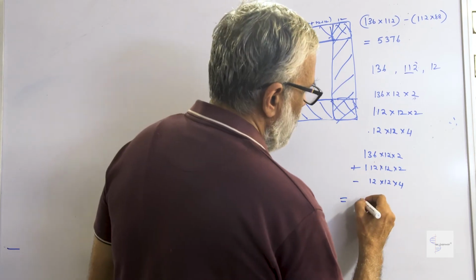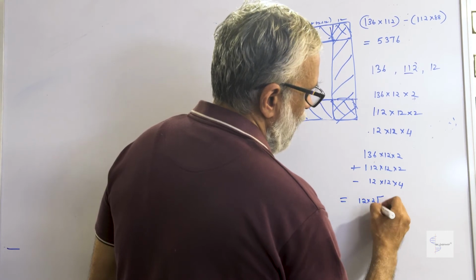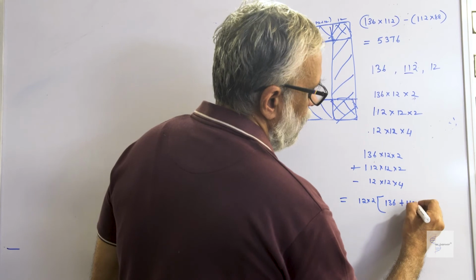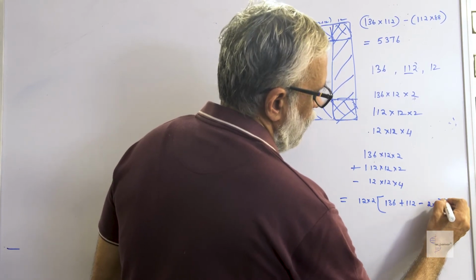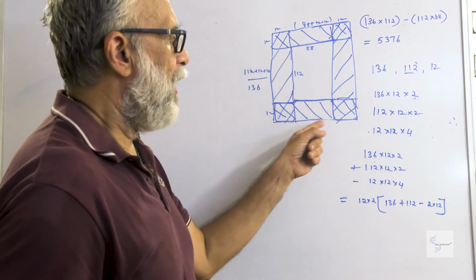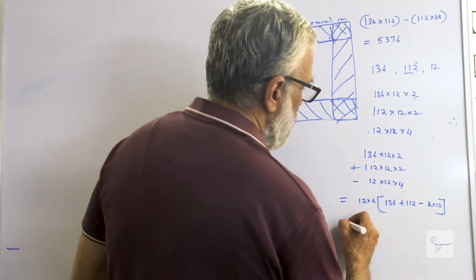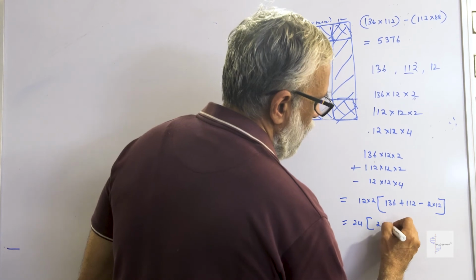Area of the path in this case would be, if I take 12 into 2 common, I would be subtracting the area of the path which has been twice counted. So it is nothing but 24 into 224.